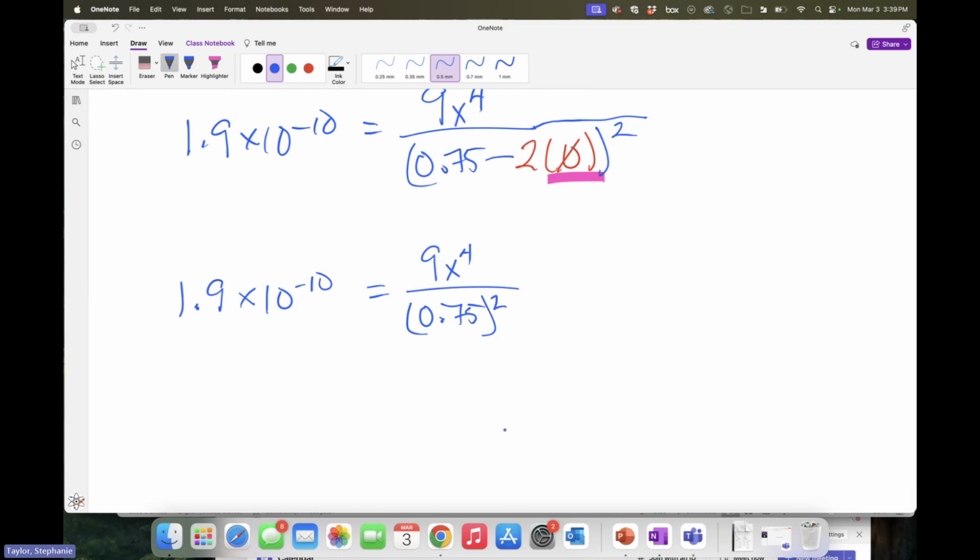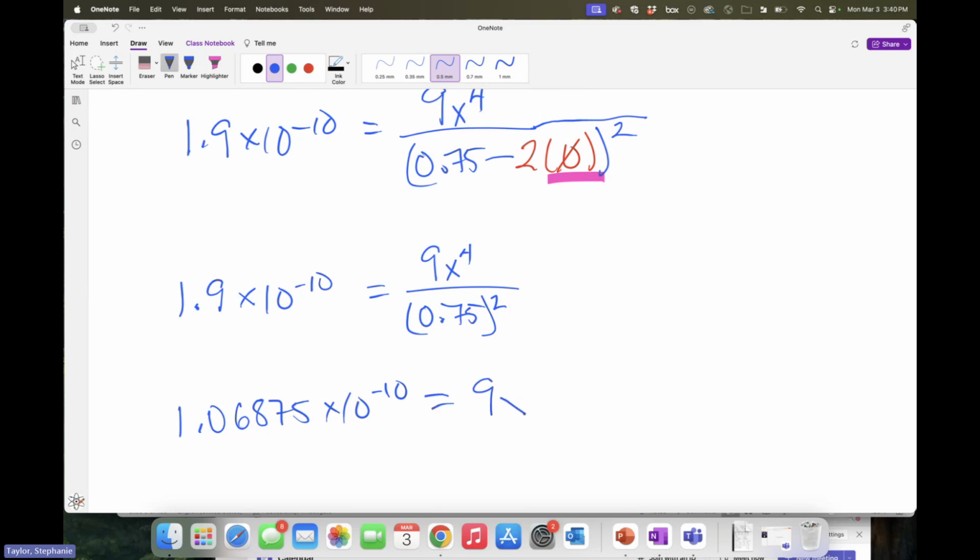So I can go ahead now and turn my calculator back on. I'm going to square my 0.75 and multiply it times my 1.9 times 10 to the negative 10th and get 1.06875 times 10 to the negative 10. I'm going to double check real quick. Okay, that's right. 0.75 squared is about 0.56.